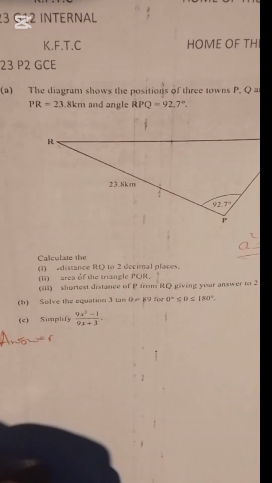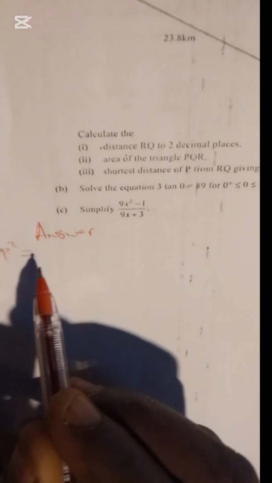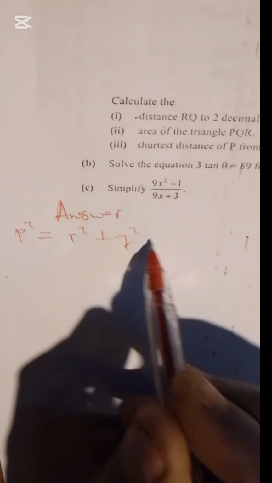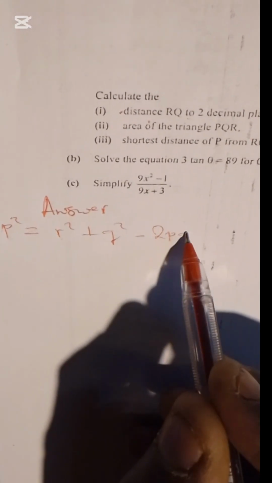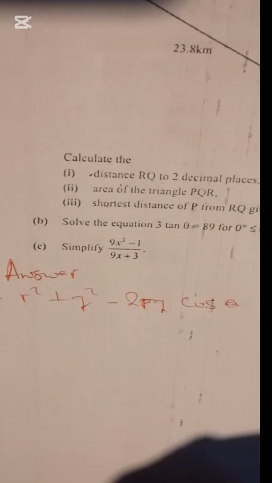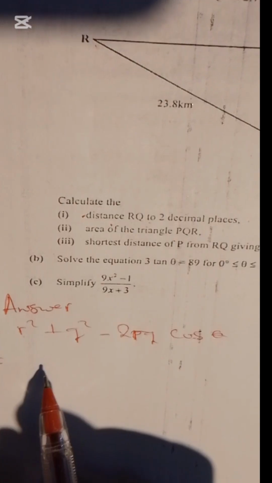So you're going to write that P squared will be equals to R squared plus Q squared minus 2PQ, RQ, that is cos theta. That's the formula. So we're going to say P squared will be equals to, what is R?